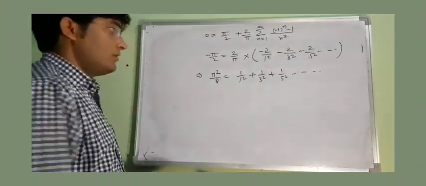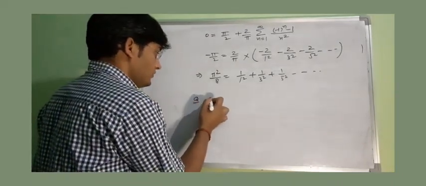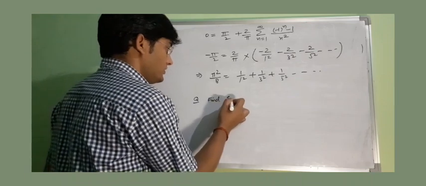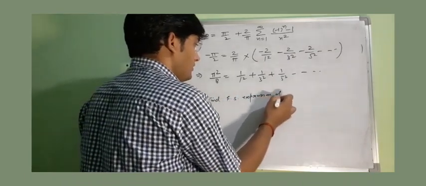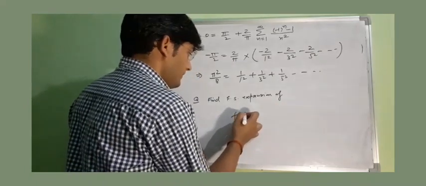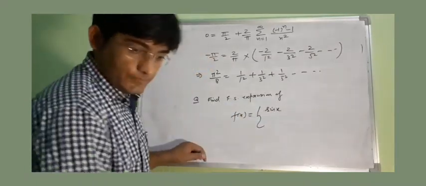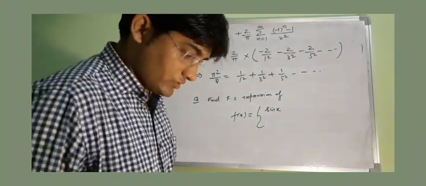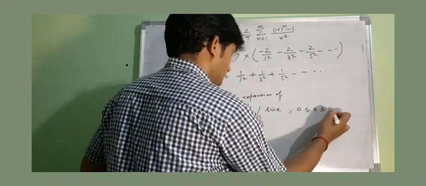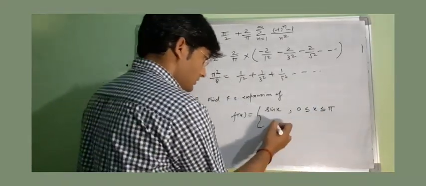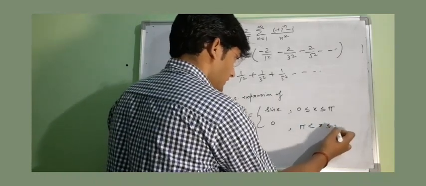Now let us find out the Fourier series expansion of f(x) equal to sin x. Let us find out the Fourier series expansion of sin x when x lies between 0 to pi, and it is 0 when x is between pi and 2 pi.